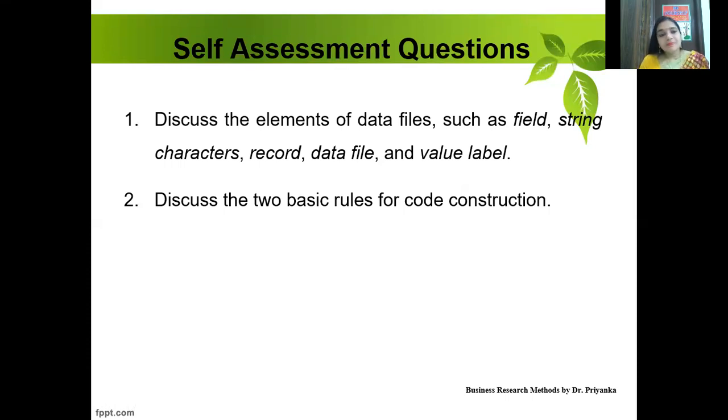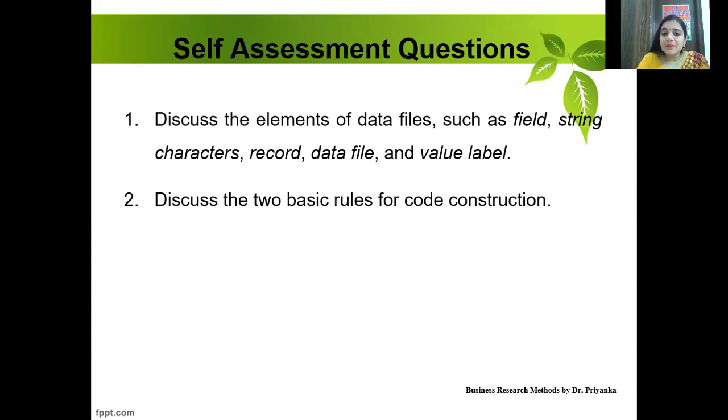Self-assessment questions. Discuss the elements of data files such as field, string characters, record, data file, and value label. So, field is a collection of characters. Characters can be a single number, letter, or special symbol, such as a question mark or full stop, that represents a single piece of data, usually a variable.